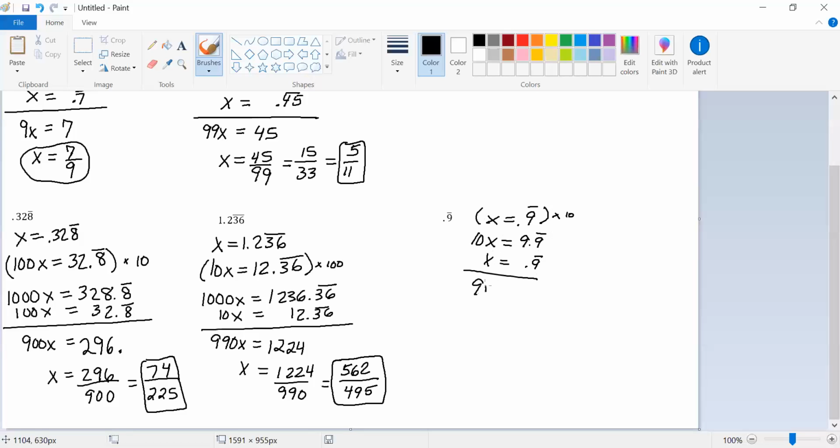So I get 9x equals 9, since the 0.9s cancel. Divide both sides, and I get 9 over 9, which is 1. So yes, it's true. 0.9 repeating is actually equal to 1. And that is how we convert repeating decimals into fractions.